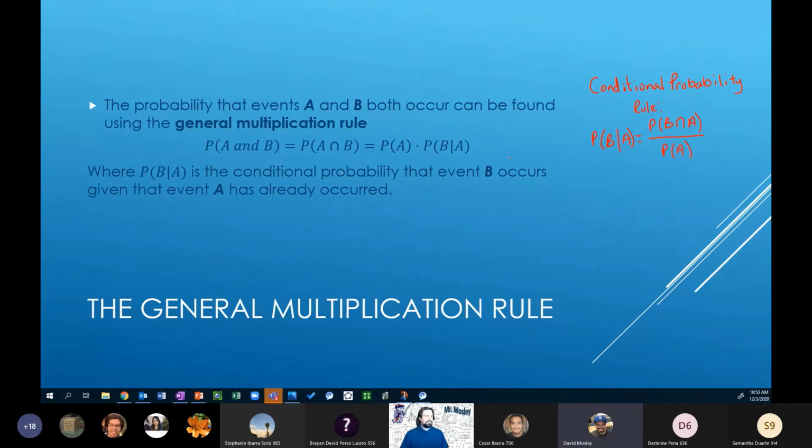This is the new rule that we're going to be using today. If you need a moment to write any of this down, please raise your hand.